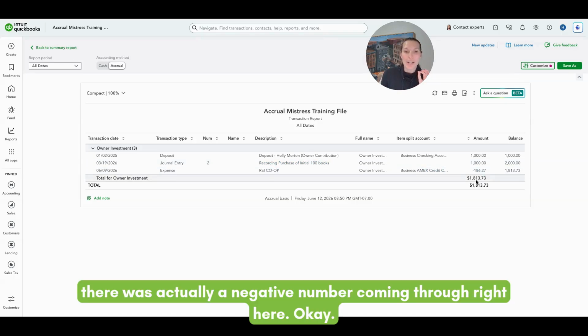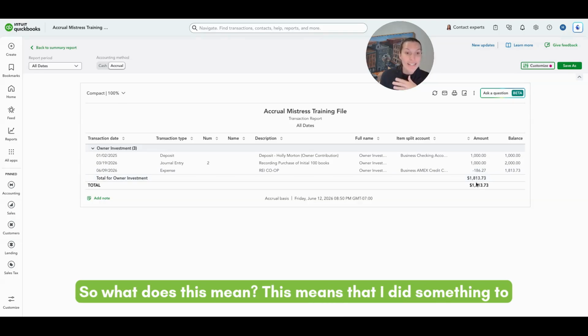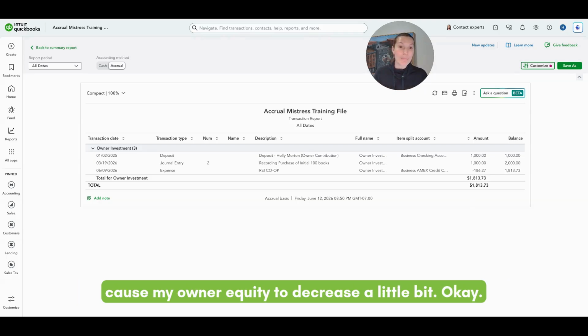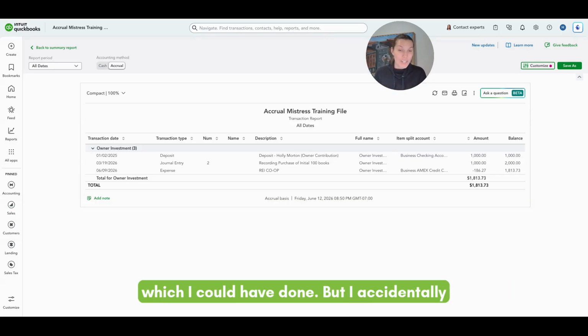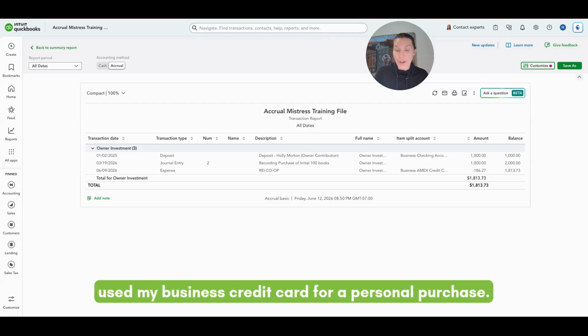Now we see there was actually a negative number coming through right here. Okay, so what does this mean? This means that I did something to cause my owner equity to decrease a little bit. Okay, and in this particular instance, I actually didn't start paying myself back, which I could have done, but I accidentally used my business credit card for a personal purchase.